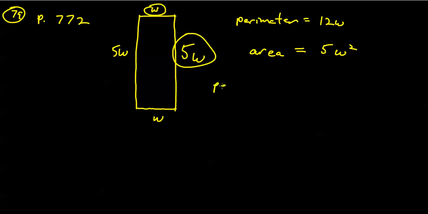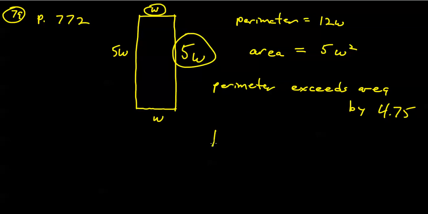Now we are told in the book that the perimeter exceeds the area by 4.75. Alright, so I can get an equation out of this. I'll say my perimeter is 12W, and that exceeds the area by 4.75, so it's going to be your area plus a little bit.